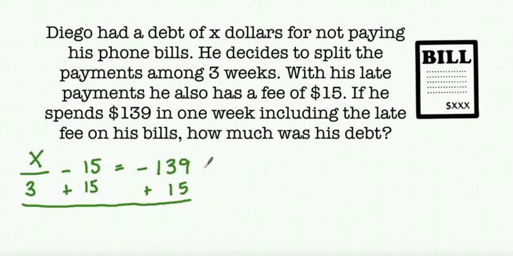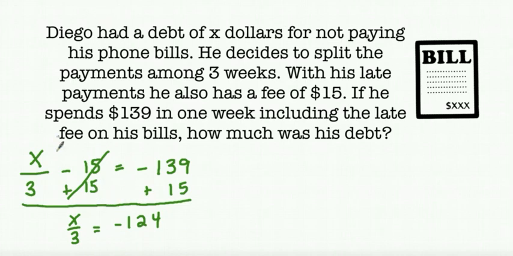So when we have negative 15 and positive 15, those are zero pairs, so they cancel out. And so we're left with x divided by 3 is equal to negative 124. So we know that his weekly cost for these bills without the fee was $124.